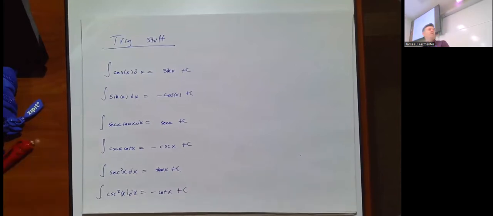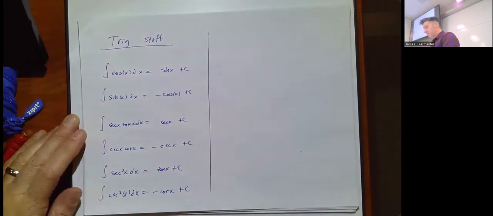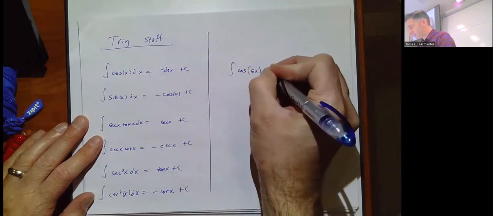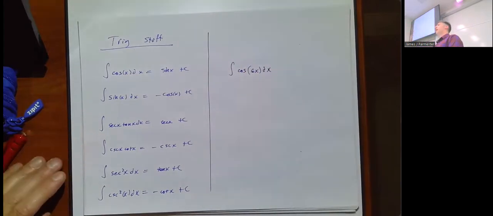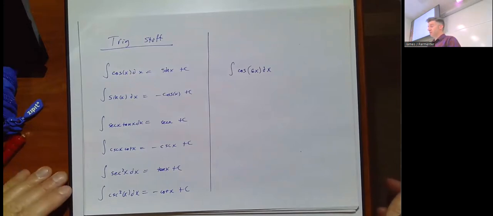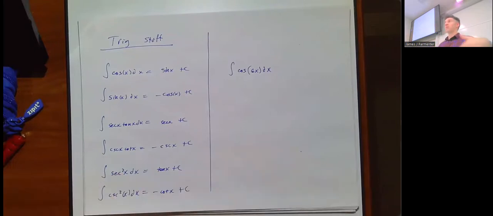And we know all those because we know how to take derivatives. We know the derivative of secant is secant times tangent, so we know the antiderivative of secant times tangent is secant. And then I'm going to go one step further and say something like the integral of cosine of 6x. I don't want to do a mini u substitution here. I want to just say what the answer is. Yes, we could say u equals 6x, du equals 6dx, divide by 6, and you end up getting 1/6.